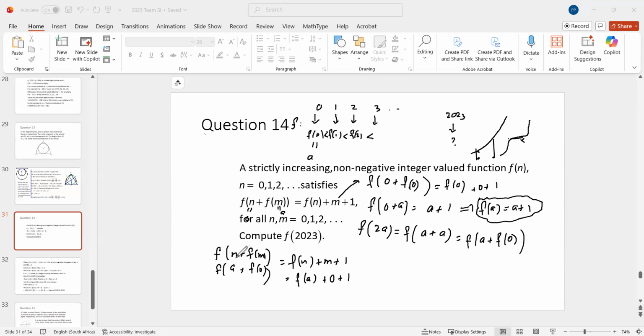So here, if you put n equal to a, which I've done, and m equal to 0, then I get f(a plus 1). But remember, f(a) is a plus 1, so f(a plus 0 plus 1) is a plus 2. So f(2a), which is equal to this, is really a plus 2.